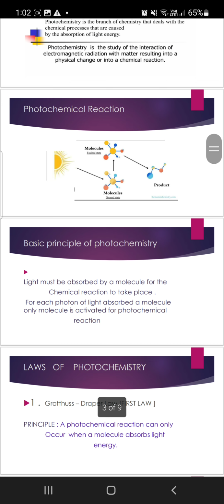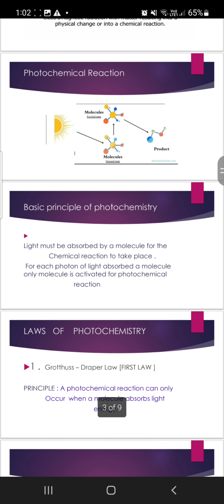The basic principle of photochemistry is that light must be absorbed by a molecule for the chemical reaction to take place. For a chemical reaction to take place, there must be a molecule that absorbs light. By the absorption of light by a molecule, a chemical reaction results, that is a photochemical reaction.